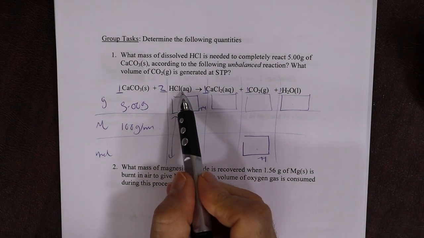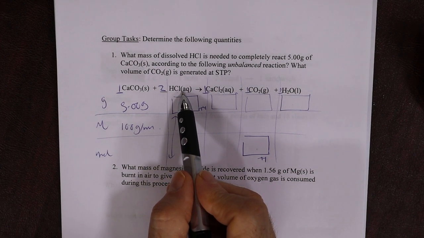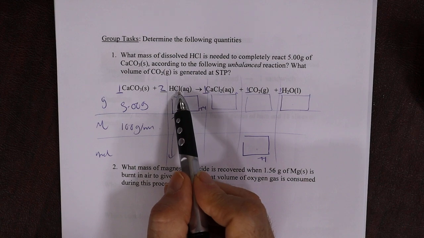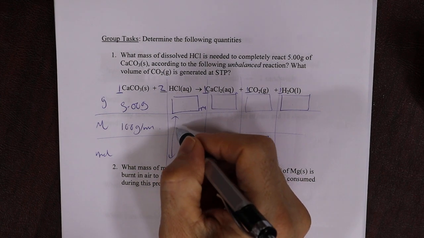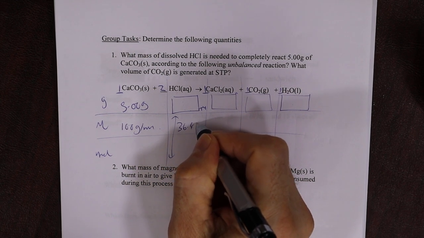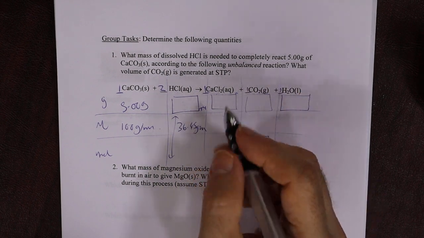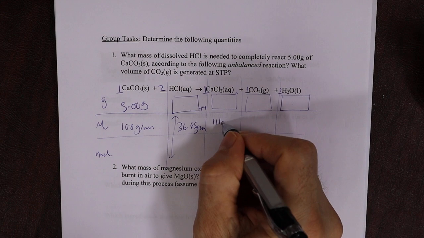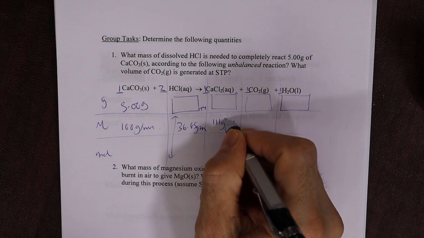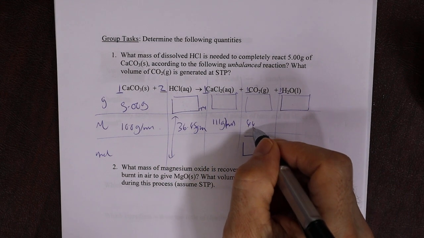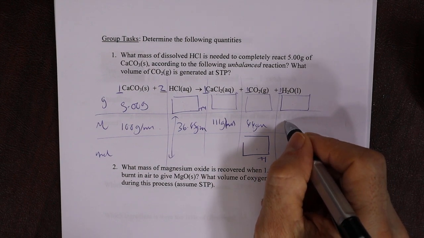This one here, remember it's for 1 molecule, so 35.45 plus 1, if you check your periodic table, that's 36.45 grams per mole. Calcium chloride, we did that one before, that's 111 grams per mole. Carbon dioxide is 44, and water is 18.